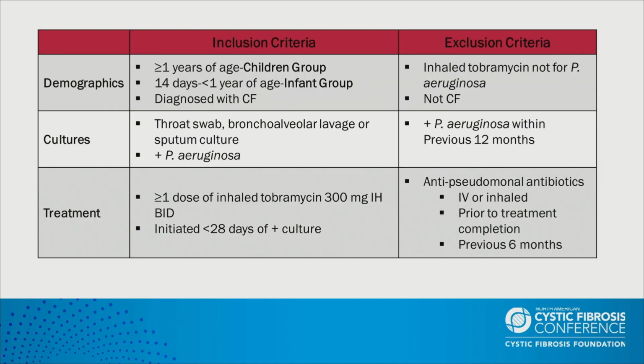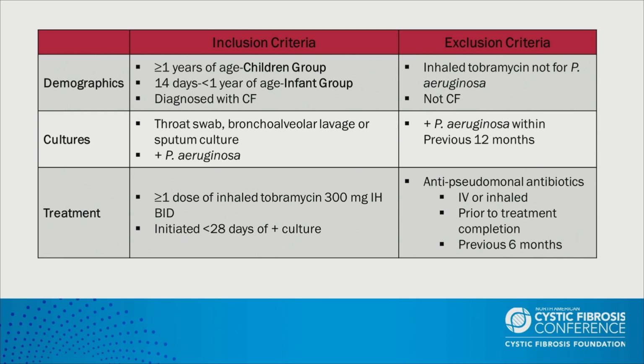We included patients in our age demographic that were diagnosed with CF who were using prescribed inhaled tobramycin for Pseudomonas eradication. They had to be culture positive for Pseudomonas, either via throat swab, BAL, or sputum culture. And we wanted them to not have had a previous Pseudomonas positive culture within the previous 12 months.